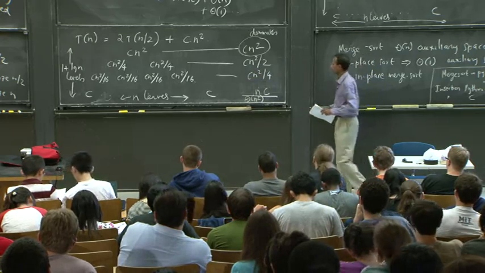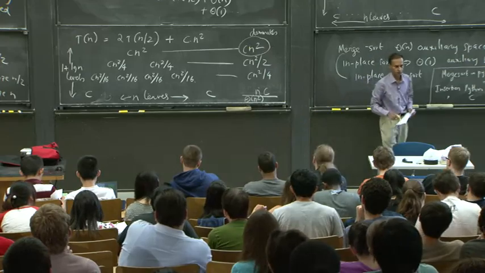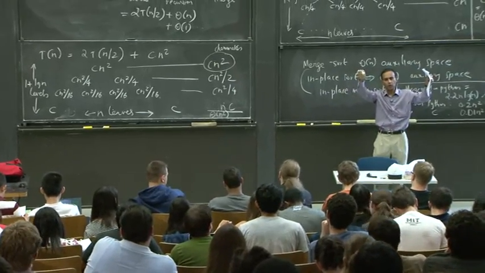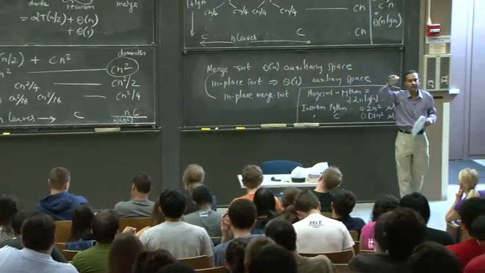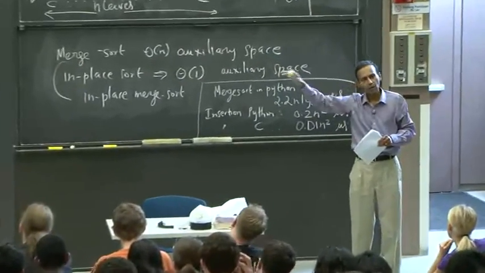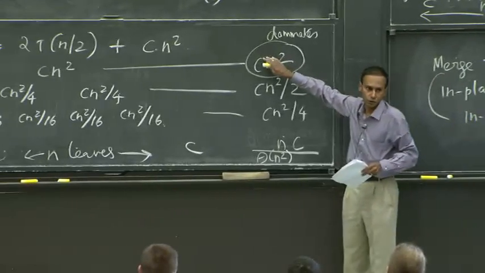And in this case, all of the work done is at the root, at the top level of the recursion. Okay? Here, there was a roughly equal amount of work done in each of the different levels. All right? Here, all of the work was done at the root.